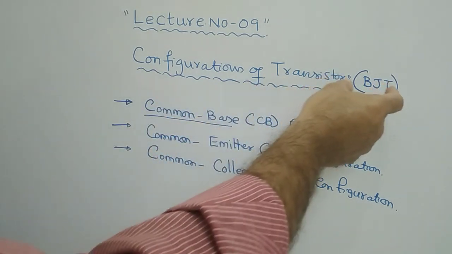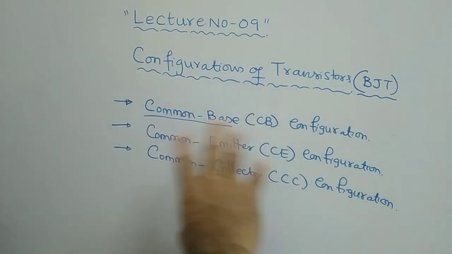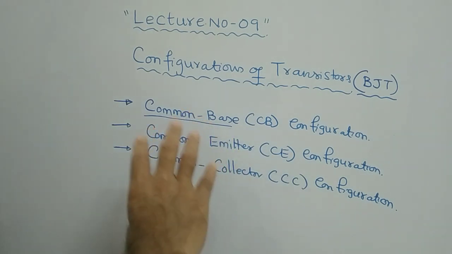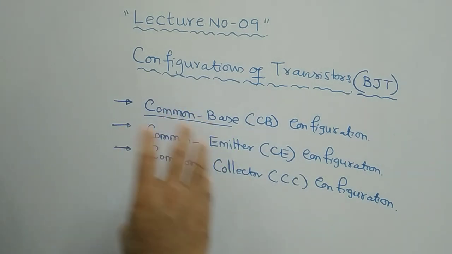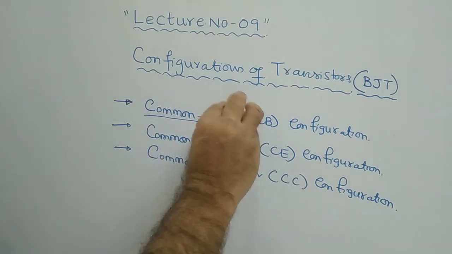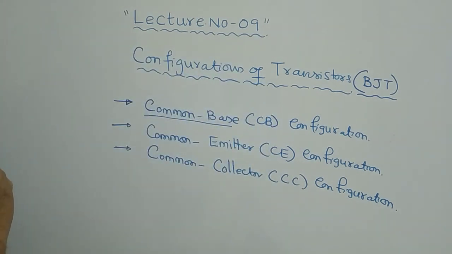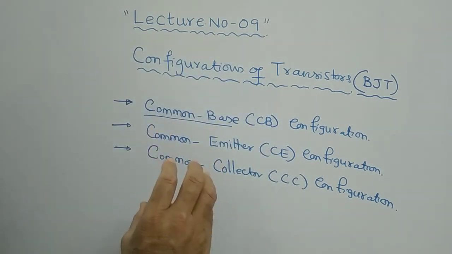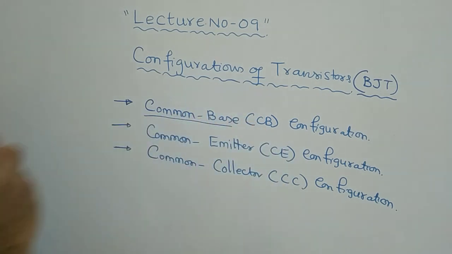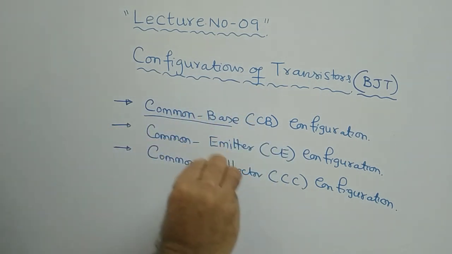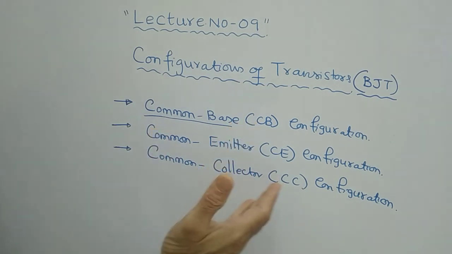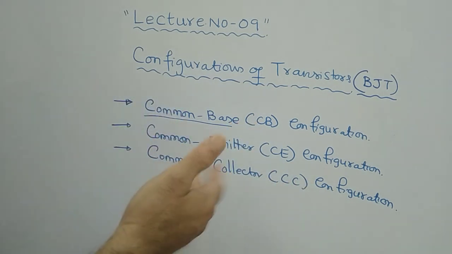If you take the NPN transistor, how can this NPN transistor be connected in CB configuration, how can the same NPN be connected in common emitter configuration, and similarly how can the same NPN transistor be connected in CC configuration. I think we need separate presentations for each.